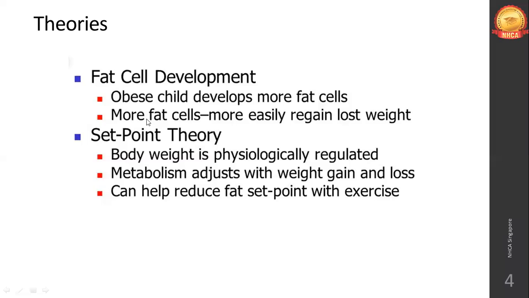So the set point theory states that a human body, to an extent, has certain integrities within itself to reduce the chances of obesity and overweight. But if the person still indulges in too much junk food and lack of physical activity over a period of time, then this set point will not work.